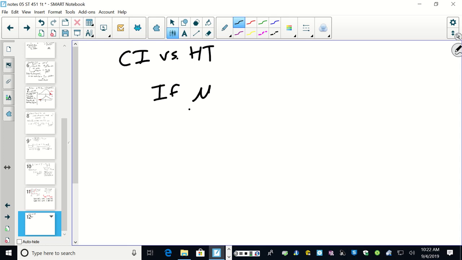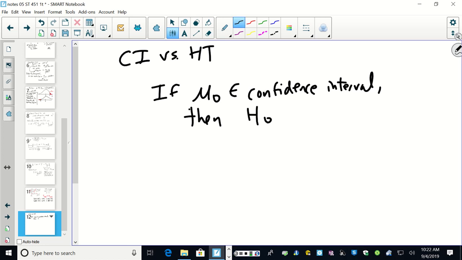If mu sub 0 is in the confidence interval, right, then H0, mu equals mu sub 0, is not rejected using a 2-sided alternative. So the confidence interval covers it, it's not going to be rejected.